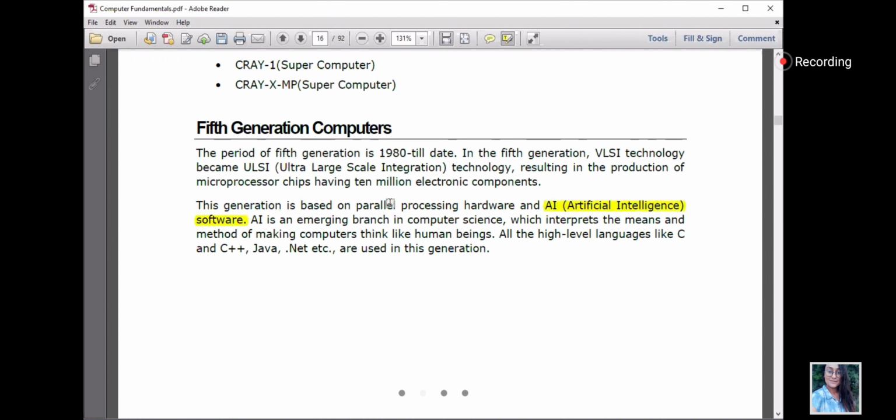So these days software has artificial intelligence, and it is also capable of parallel processing. In parallel processing, there are several cores in a processor.